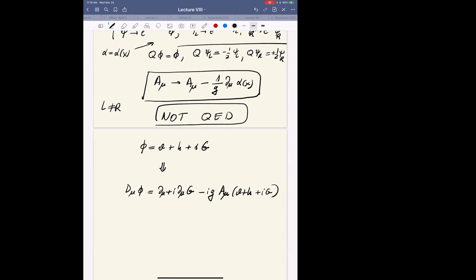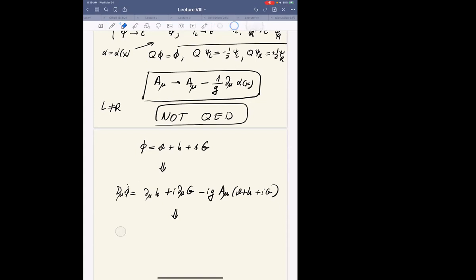There is the derivative piece. No, I'm not right. Nobody's correcting me. I need you more. D mu phi is D mu h, I forgot h, minus i D mu G, with the sign plus or minus the way I wrote it.